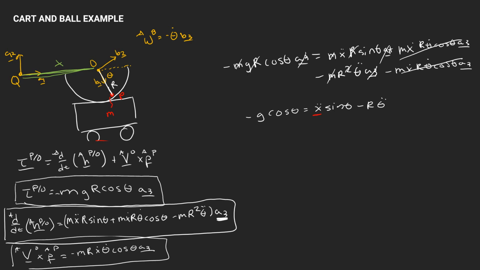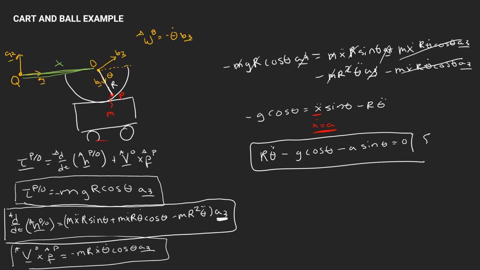But because we said in the problem statement that x double dot is equal to a, our equation of motion can now be written as r theta double dot minus g cosine theta minus a sine theta equals 0. And this here is our equation of motion.